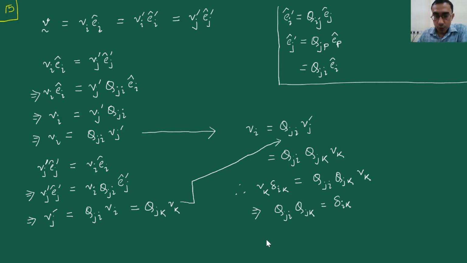Now you can check that this Qji Qjk can be written in the compact notation as Q transpose contracted with Q itself, and this Kronecker delta is nothing but the compact notation for the identity matrix.